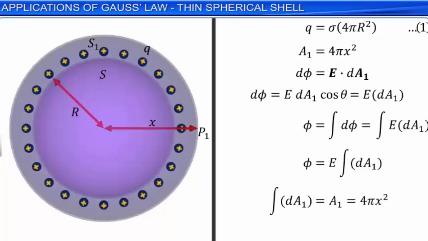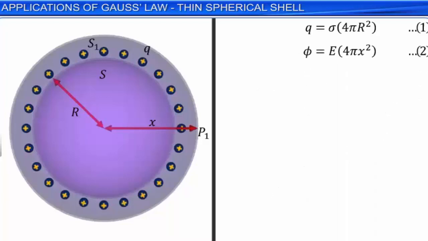Therefore, total electric flux phi is equal to E into 4 pi x square. Let this be equation 2. We know that according to Gauss law, the total electric flux passing through the Gaussian surface S1 must be equal to Qin by epsilon naught, where Qin is the charge inside the surface. Let this be equation 3.